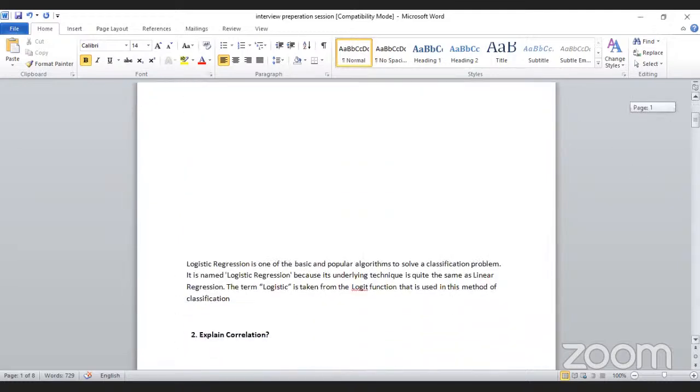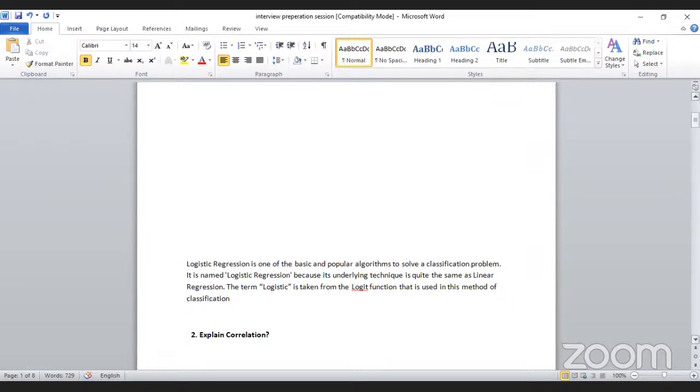Okay. So as we know, logistic regression is one of the basic and popular algorithms to solve a classification problem. It is named logistic regression because its underlying technique is quite the same as linear regression.